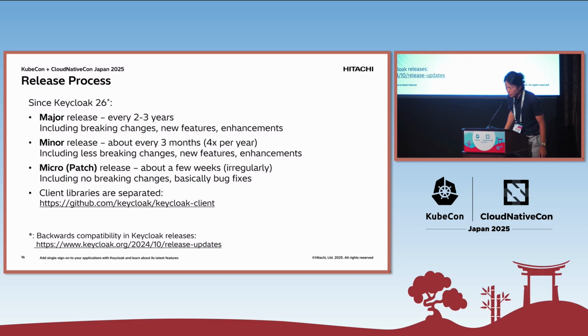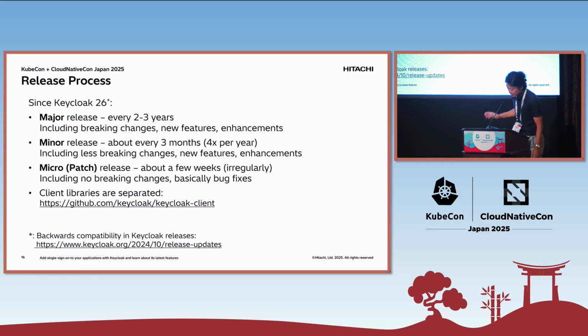And Keycloak follows the following release process. There are 3 types of release. A major release is released every 2 to 3 years. It may include many breaking changes and also a lot of new features and enhancements, while a minor release is released about every 3 months.